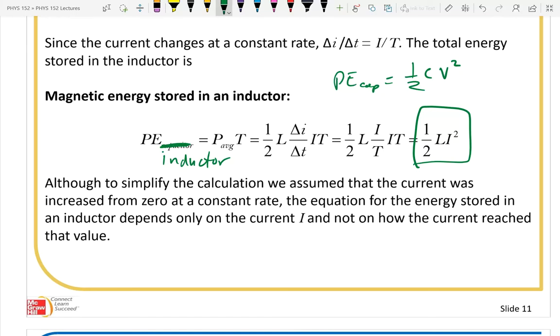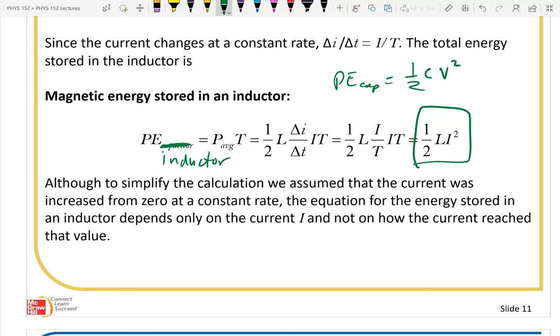So again, we see a very clear similarity in the equations. The capacitor stored energy in the form of an electric field, and the energy stored was 1/2 capacitance times voltage squared. The inductor stores energy in a magnetic field, and its energy stores 1/2 the inductance times current squared. So it's a very similar definition. It's just one depends on the voltage, one depends on the current.